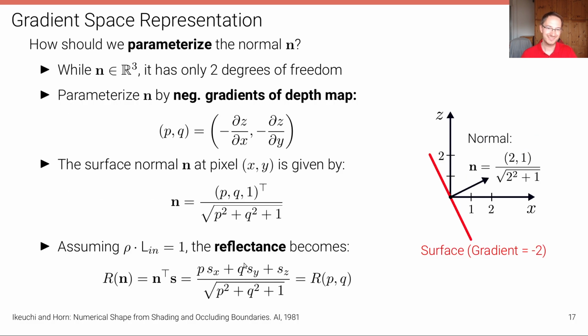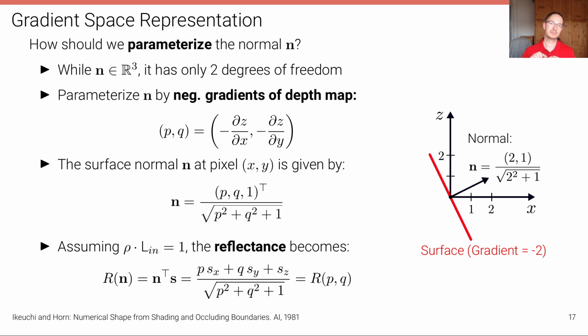If we write this in our gradient space representation, then multiplying this vector with the incoming light vector S, where the components are denoted Sx, Sy, and Sc, we have P times Sx plus Q times Sy plus Sc, over the normalization of this term. We don't need to normalize over the S vector because we have assumed it to be normalized.